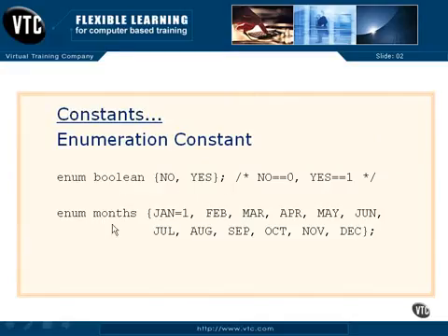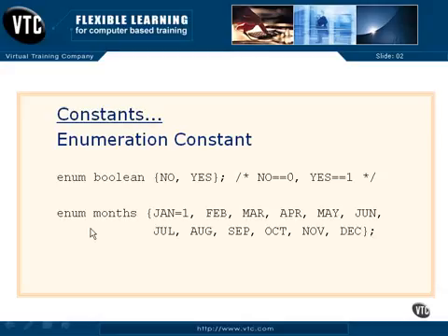Down here, we're going to make up an enumeration constant called months. And months can contain the value 1, 2, 3, 4, 5. As you see, we run down the line here. Notice we said JAN equals 1, January equals 1, because we, of course, didn't want it to start out by default and set January equal to 0. We need it equal to 1. So we can force that on the enumeration anywhere in the list, and the enumeration will just increment the number and run us all the way out to 12 out here.